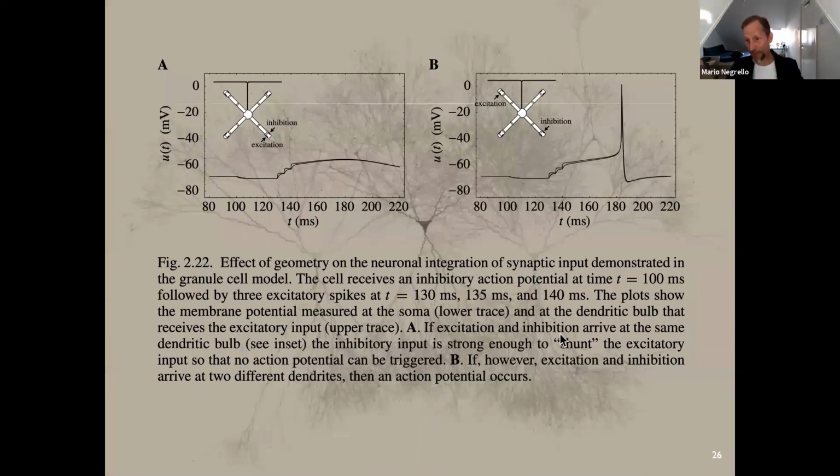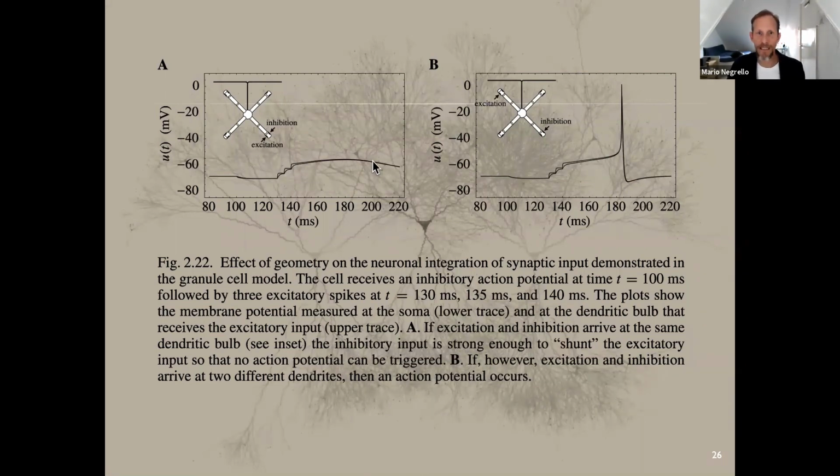The differences in compartmental modeling I had already mentioned, but here is an interesting one in terms of synaptic integration. This is a granule cell of the cerebellum, and here we talk about synapses. These granule cells receive inhibitory and excitatory currents from synapses in the same compartment or in different dendritic compartments, and we plot the activity at the soma of the cell.